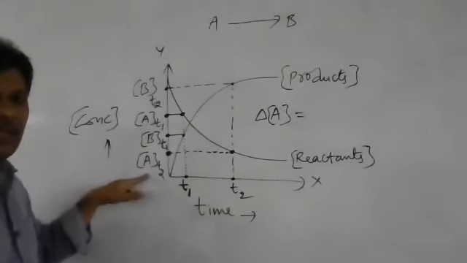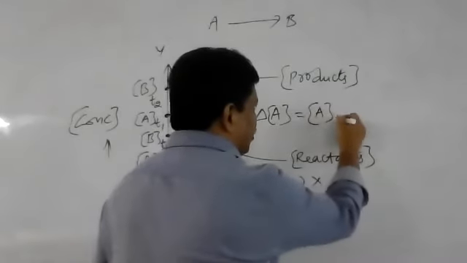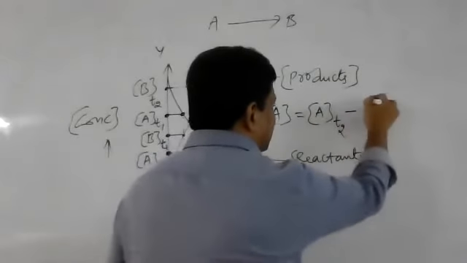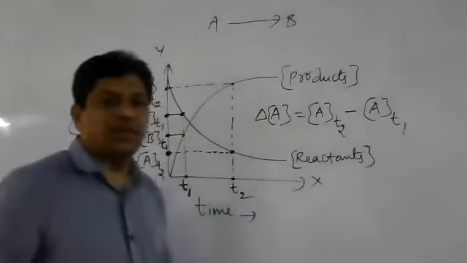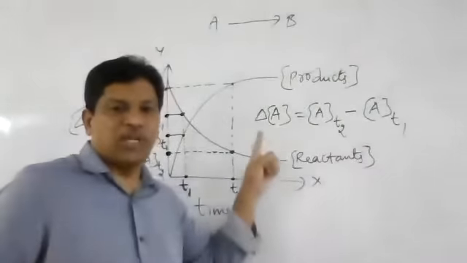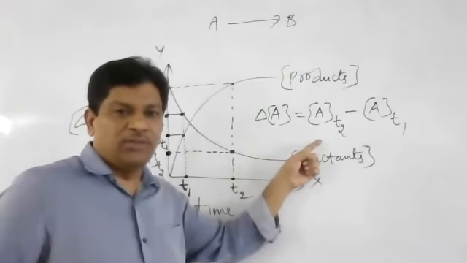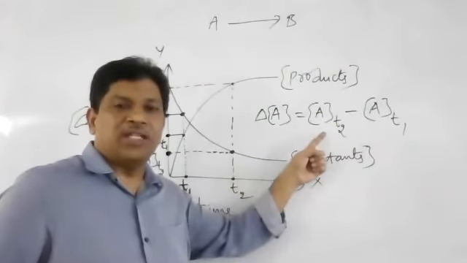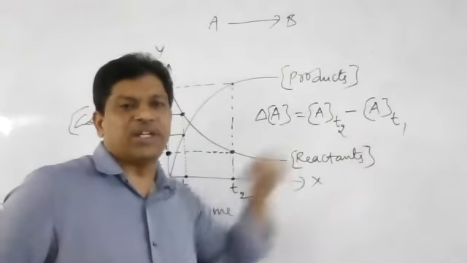What is final here? A at T2 is final, minus initial, A at T1. So delta A, the change of concentration of A, is equal to the concentration of A at final time minus the concentration of A at initial time.